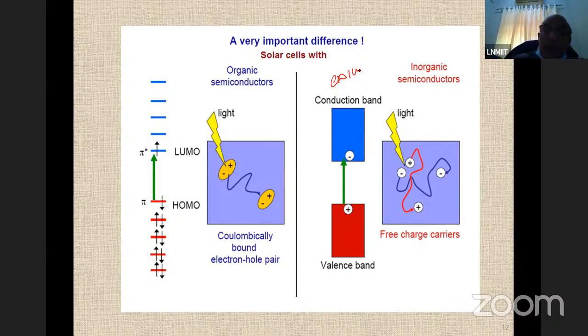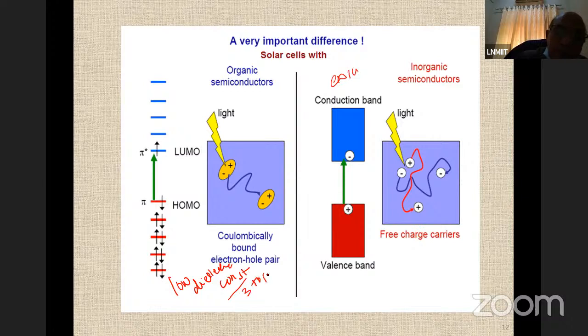But in the case of organic semiconductors, due to the low dielectric constant, in the range of 3 to 10, whereas here it may be 50 to 100, the exciton binding energy, I'll write E_B, is equal to 0.3 electron volt.